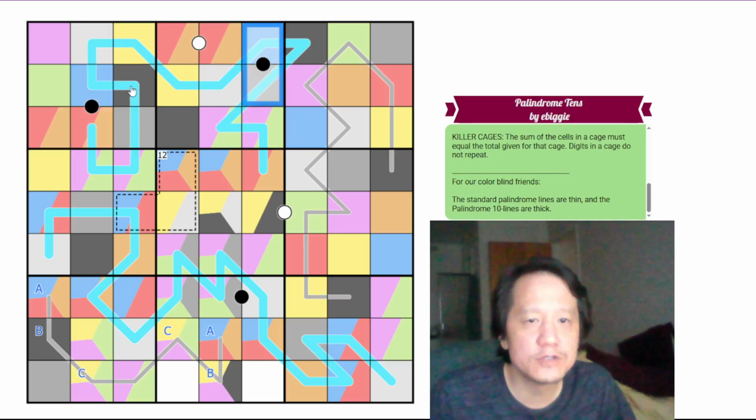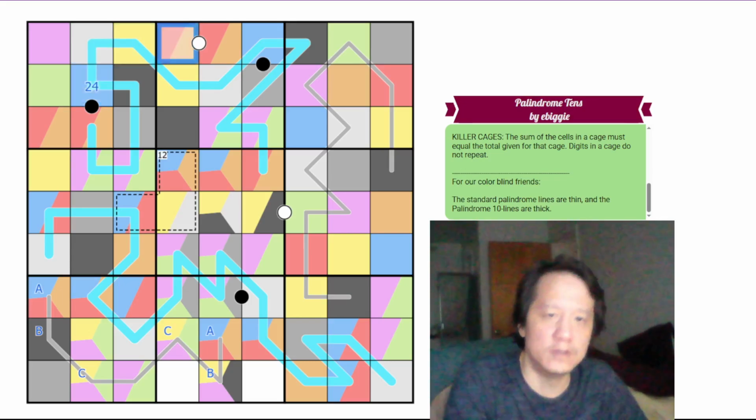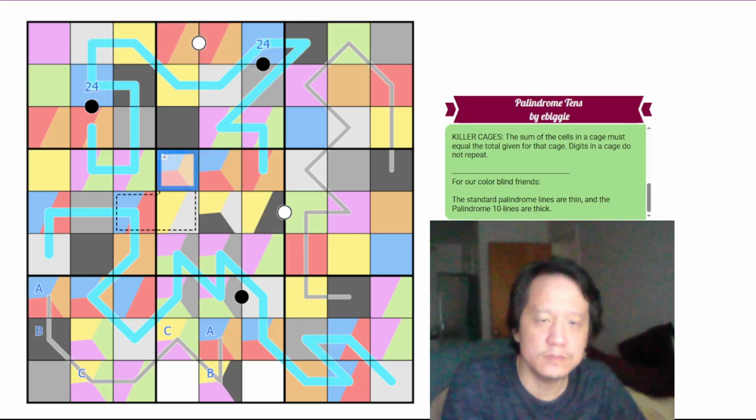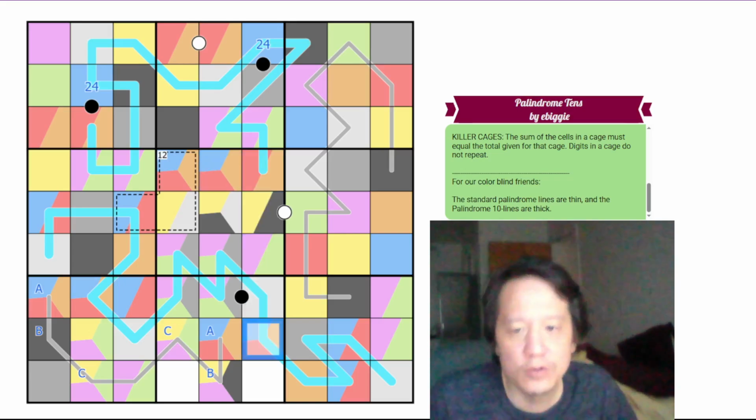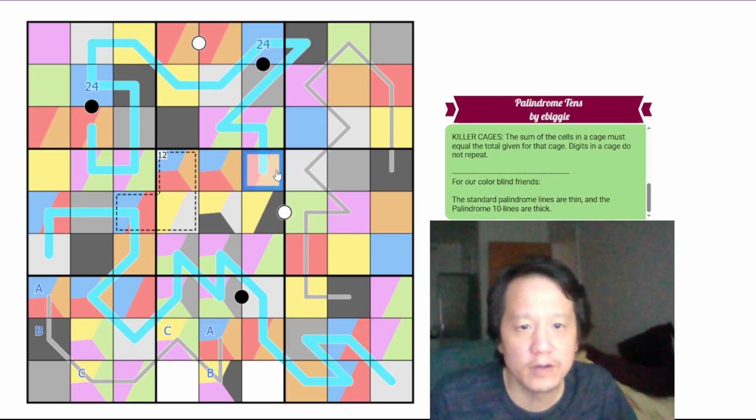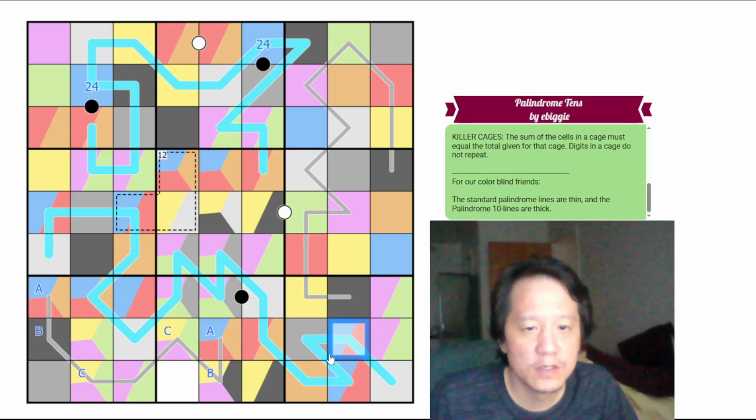Blue is in a 1-to-2 ratio with 2 other digits, so it's 2 or 4. This can't be blue because of the blue in the column now. This must be yellow or dark. That leaves this as blue or red.